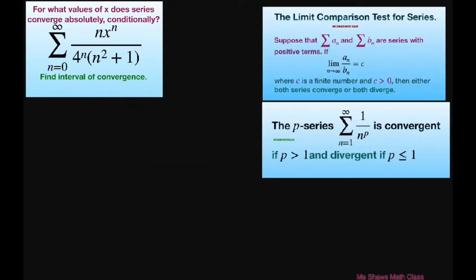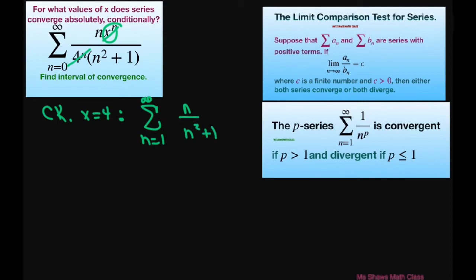So let's just check x equals 4. If you substitute 4 into x here, these two are going to cancel out. So we're going to get the sum from n equals 1 to infinity of n divided by n squared plus 1.